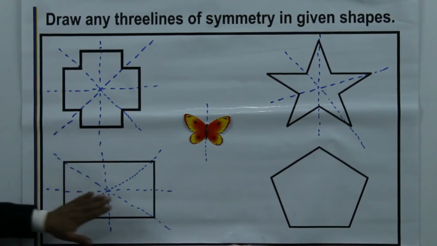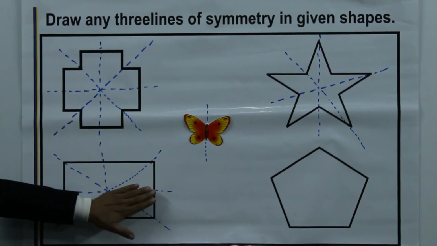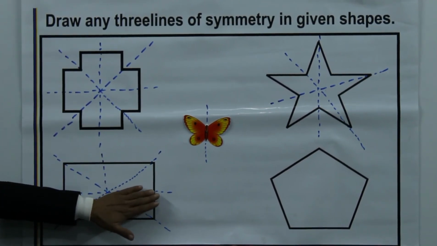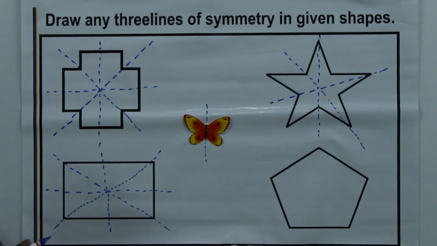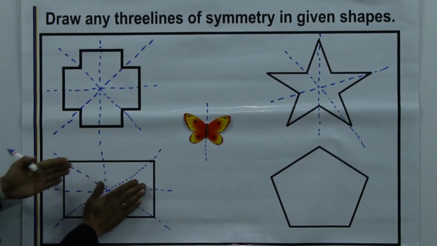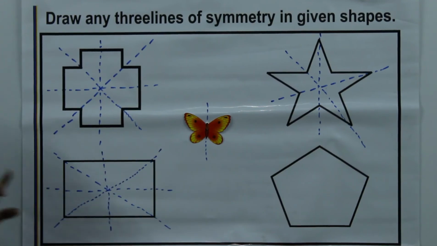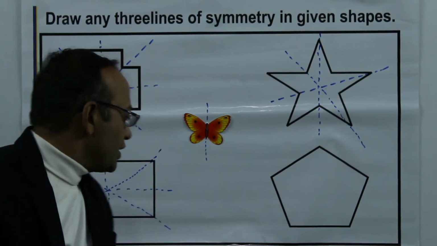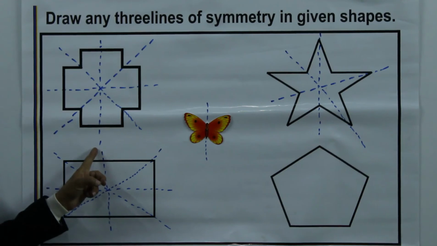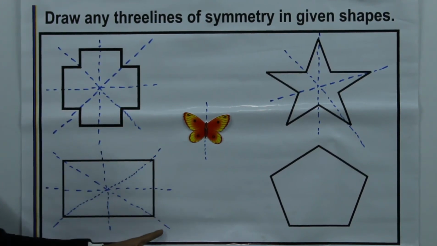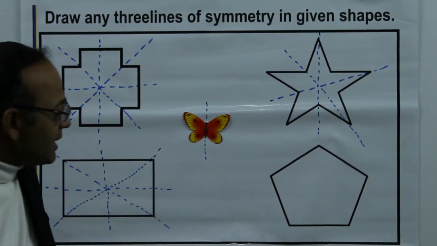So it is also a line of symmetry because this figure divides into two equal parts. One part up and second part downside. So that is called the line of symmetry. So here are 1, 2, 3 and 4 lines of symmetry.